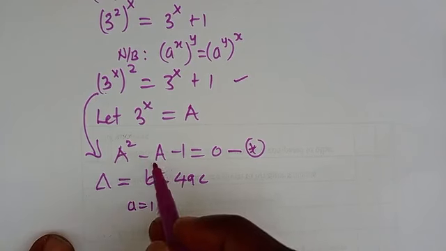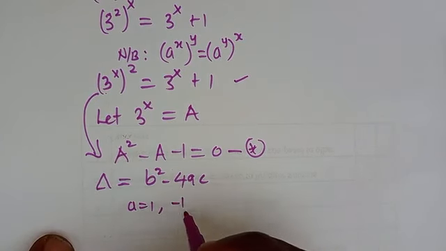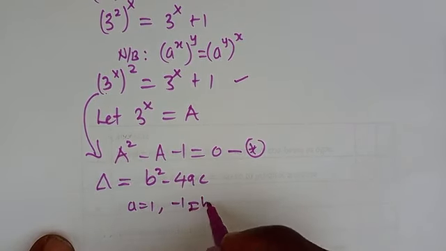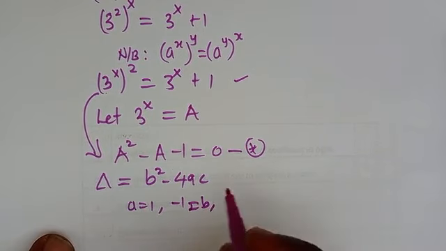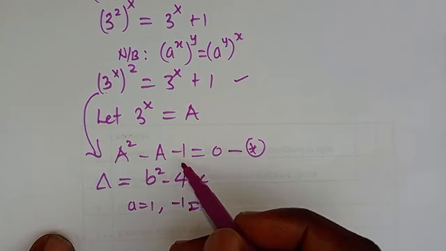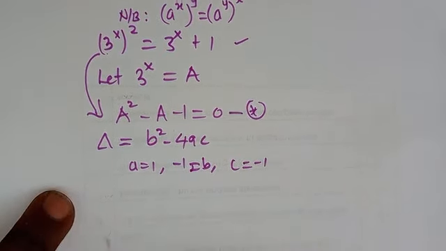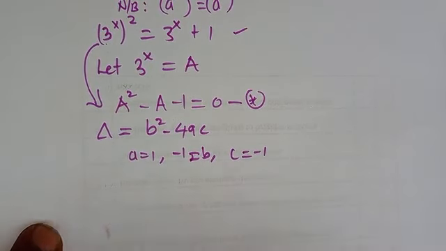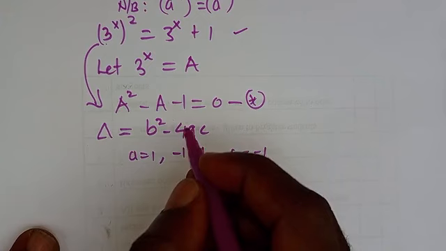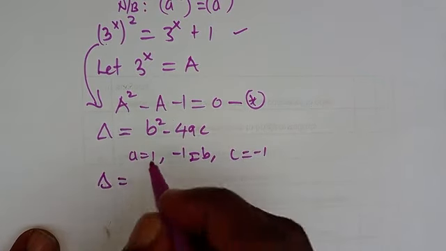The coefficient of a is minus 1, that is our b. Then this constant term is our c, which is minus 1. Are you following? Let's put this inside the discriminant and see what you are going to have.